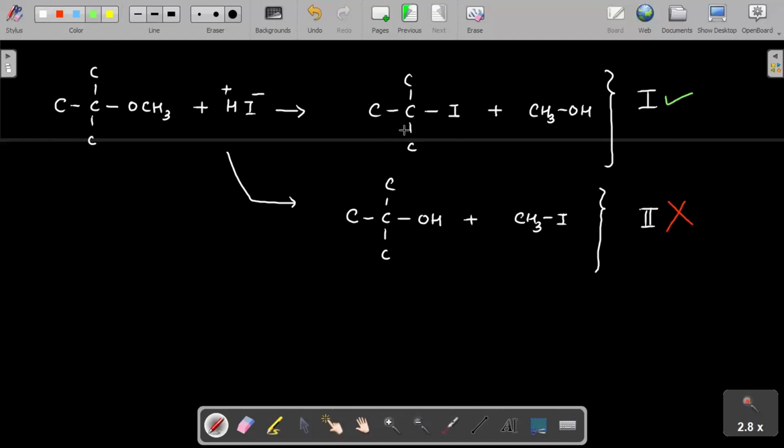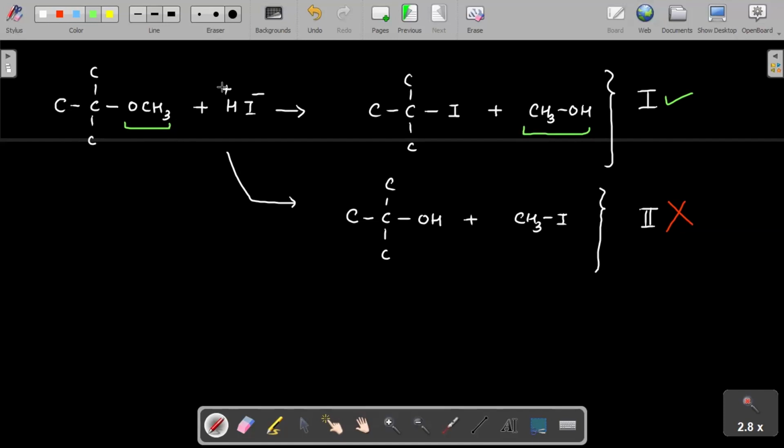So methyl alcohol will be formed here. Now, what is the reason behind this? The reason is the departure of leaving group CH3OH. Departure of CH3OH will make a stable carbocation.